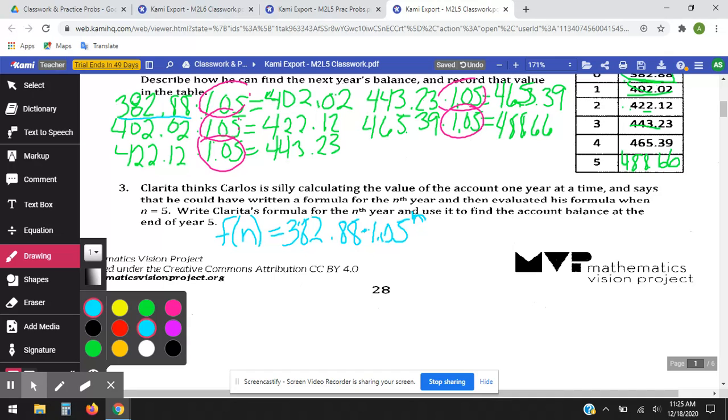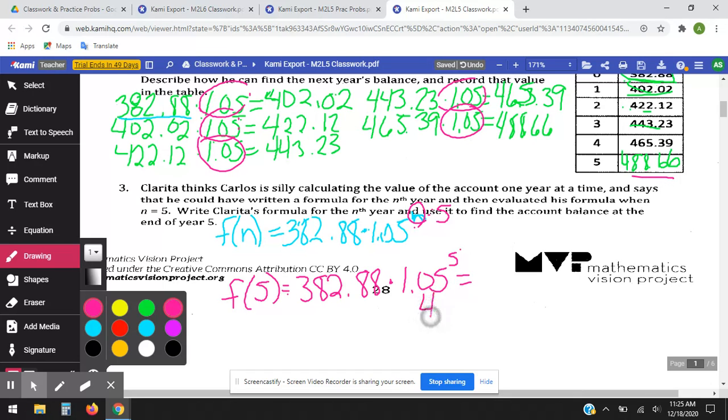And so then here's where I can fill in a 5 and solve. So f of 5, because I want the 5th year, is 382.88 times 1.05 to the 5th power, and that does give me 488.66.